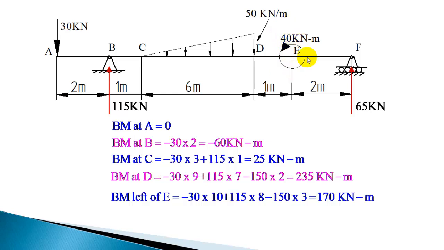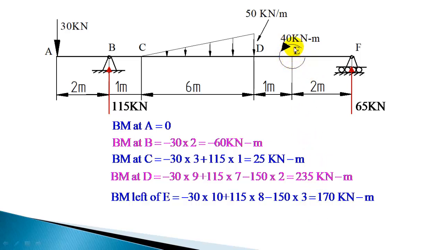Next, immediately right of E: when you move to the right of E, the bending moment created by all these forces remains the same. So you have to only add this couple. Here it is anti-clockwise, so you have to take 170 minus 40. You subtract 40 from the previous section value, left of E, 170.